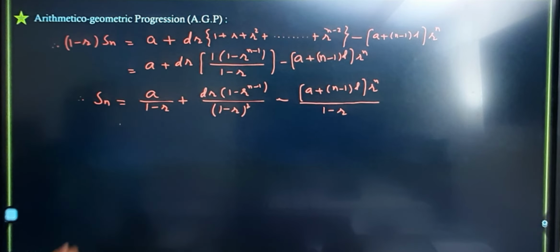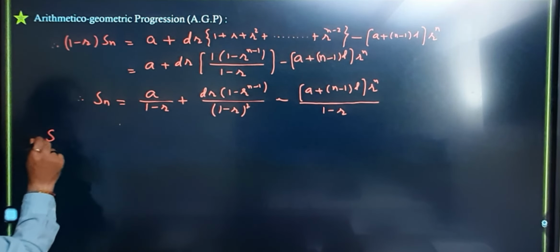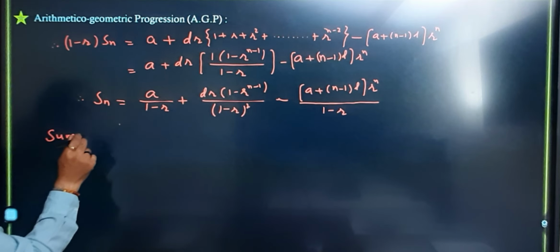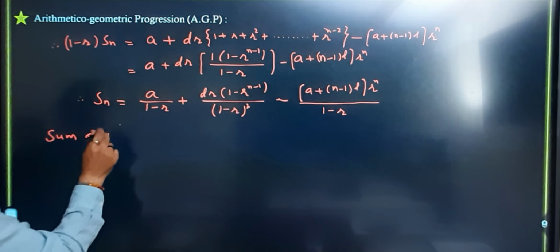So the next heading will be sum of infinite AGP.